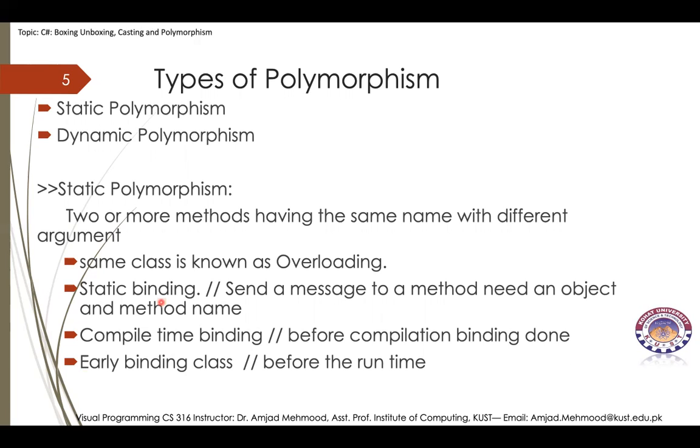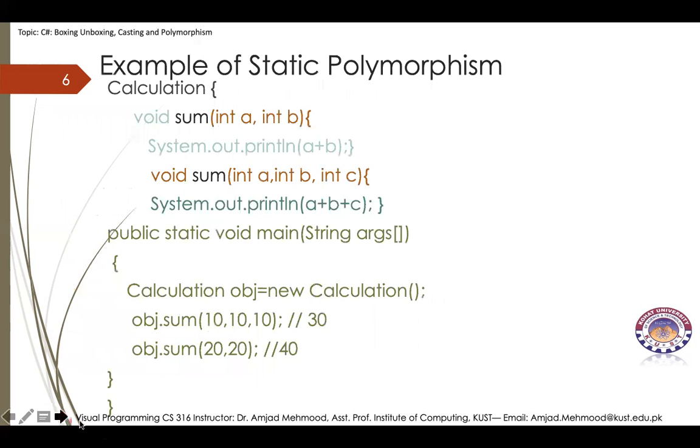That is called binding. Compile time means that this binding is resolved at compile time, so it cannot be changed later on. Early binding of the class means that this is bound before runtime. That's why this is called early binding.